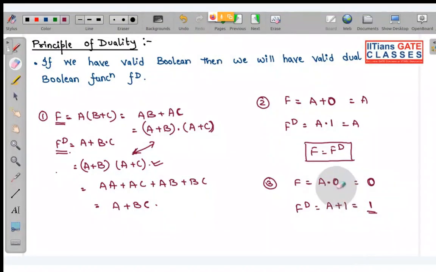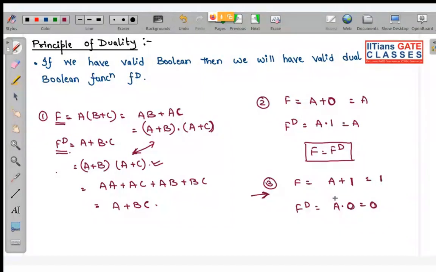Okay, just a minute. A plus 1. So this will be what? A dot 0. So this is 0. This is 1. So here your principle of duality is failing.